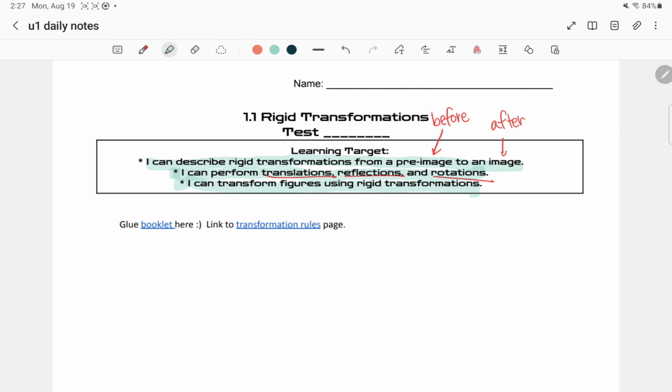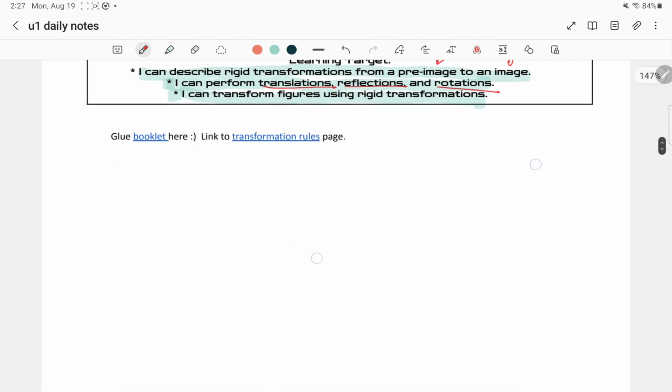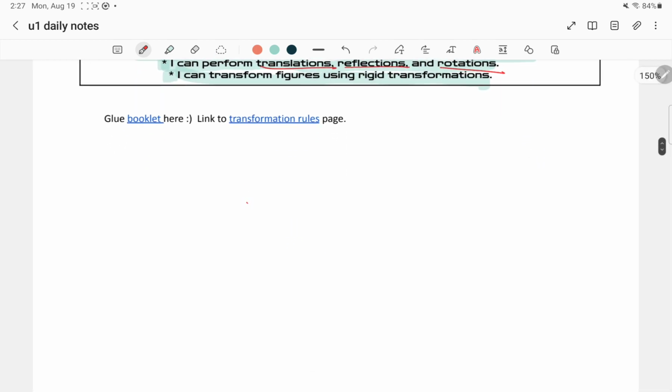We're not going to use the booklet here because I can't download it on my tablet. So I'm going to give you the rules. Let's start from the very top. We have a pre-image, which, fun fact, will always be x comma y, a normal ordered pair.